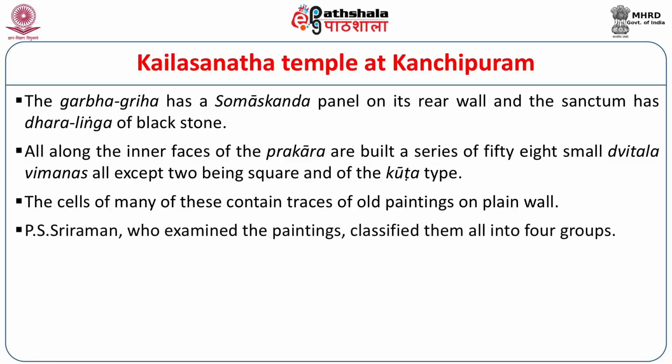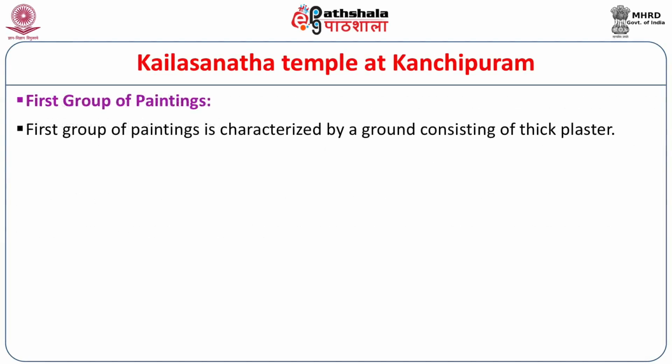The Archaeological Survey of India superintending archaeologist P.S. Sriraman, who examined the paintings, classified them into 4 groups. The first group of paintings, according to him, is characterized by a ground of thick plaster.